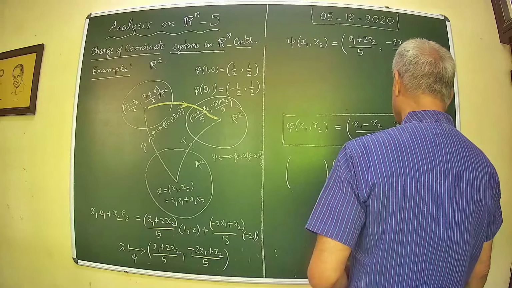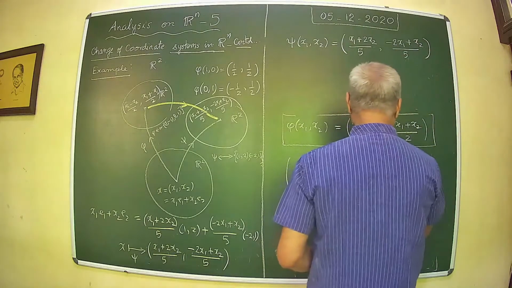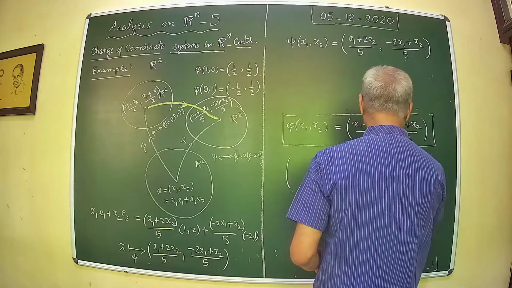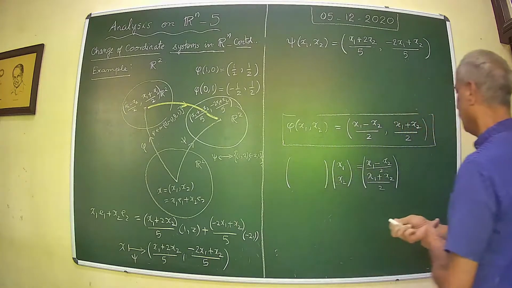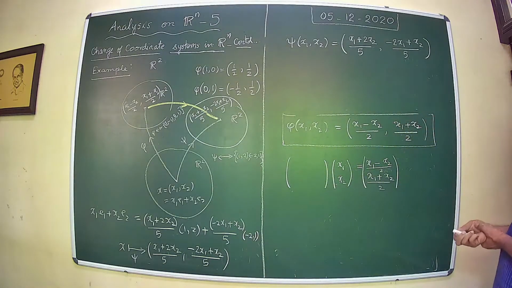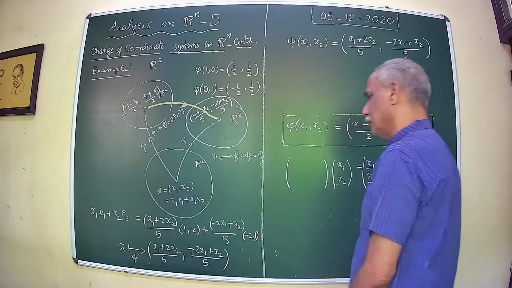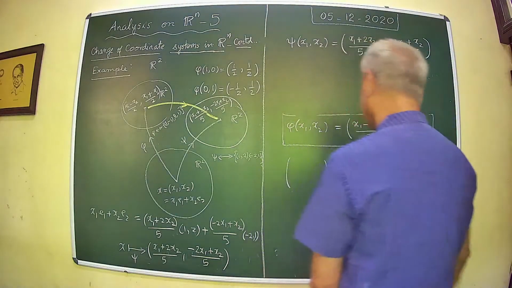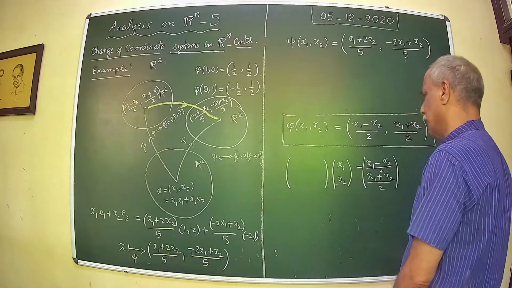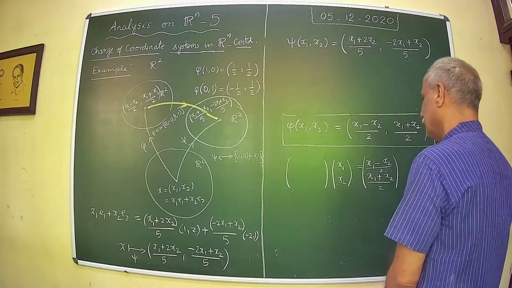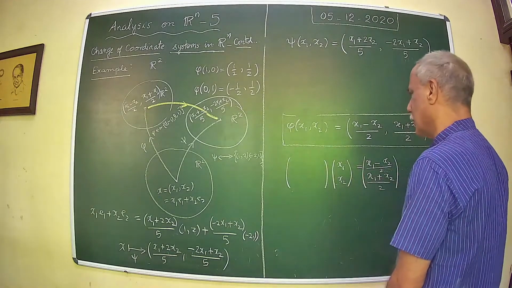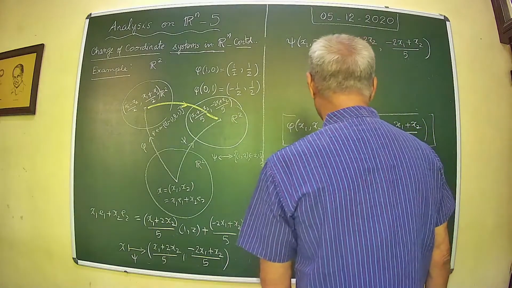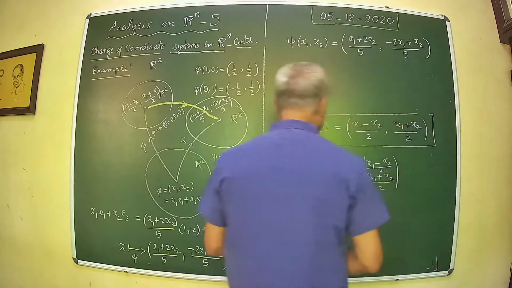You can represent it by a 2 by 2 matrix, as your experience with matrices tells you. So what is the 2 by 2 matrix?